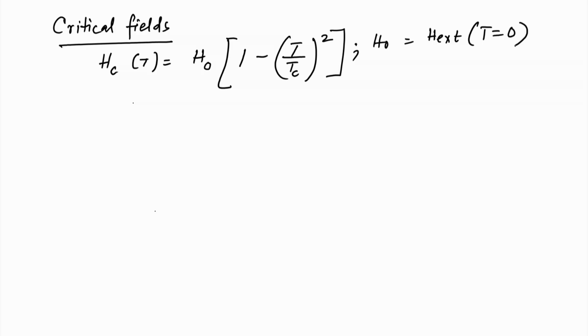So, this is the externally applied magnetic induction at T equal to 0. That is H0. It is clear that at T equal to T c, this term vanishes, so H c of T goes to 0.